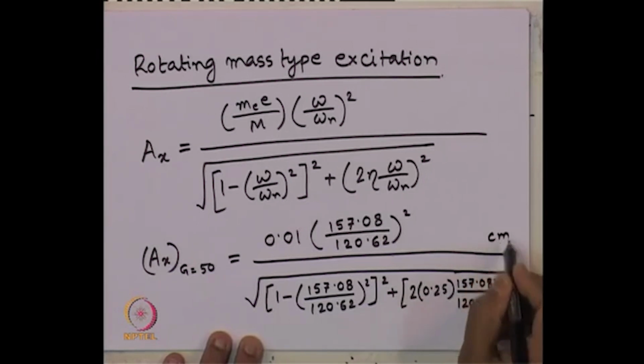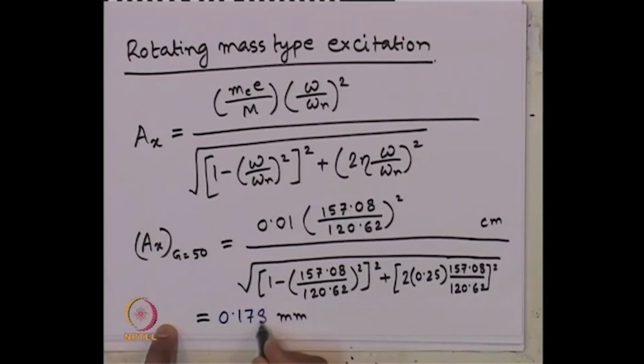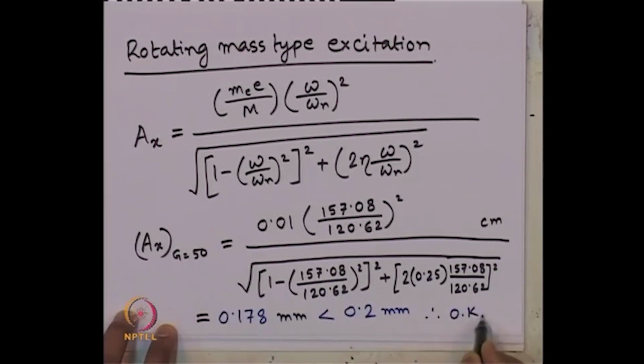So much in centimeter. If we calculate this in millimeter, it comes out to be 0.178 millimeter, which is less than our permissible limit of 0.2 millimeter. Therefore, the design is okay.